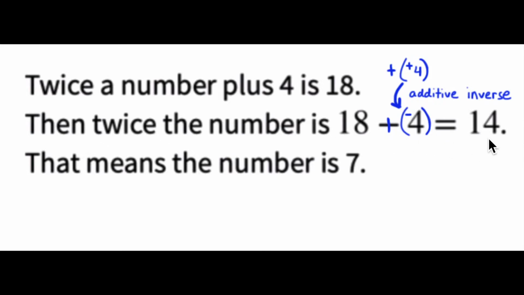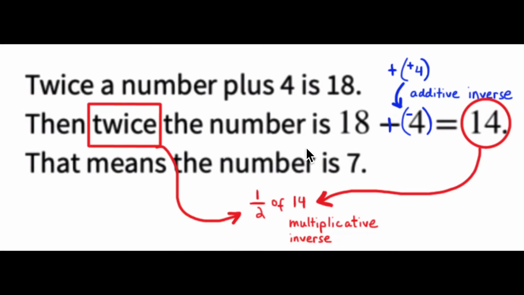And that equals 14. And that 14 is twice the number. So to get back to the number, you're going to use the multiplicative inverse of 2, which is 1/2. And so 1/2 of twice that number is the number. So 1/2 of 14 equals 7.